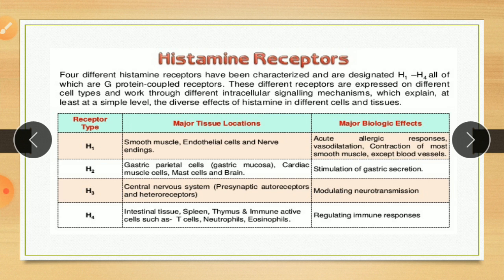These 4 histamine receptors differ in their expression, location, primary structure, signal transduction process and physiological function.